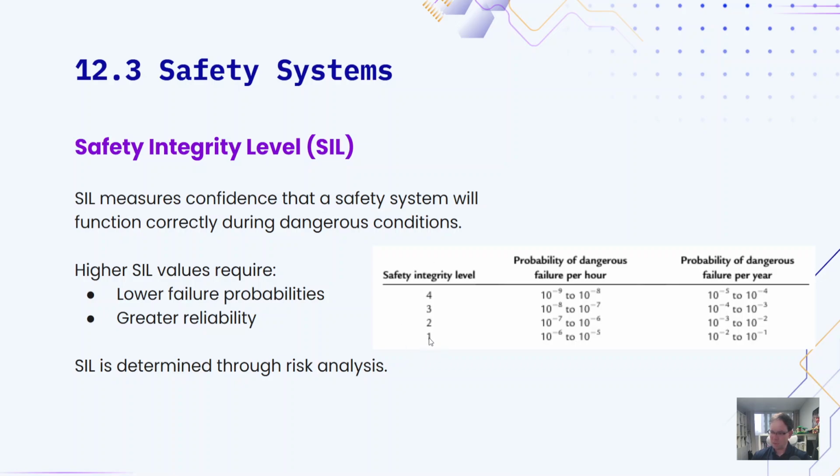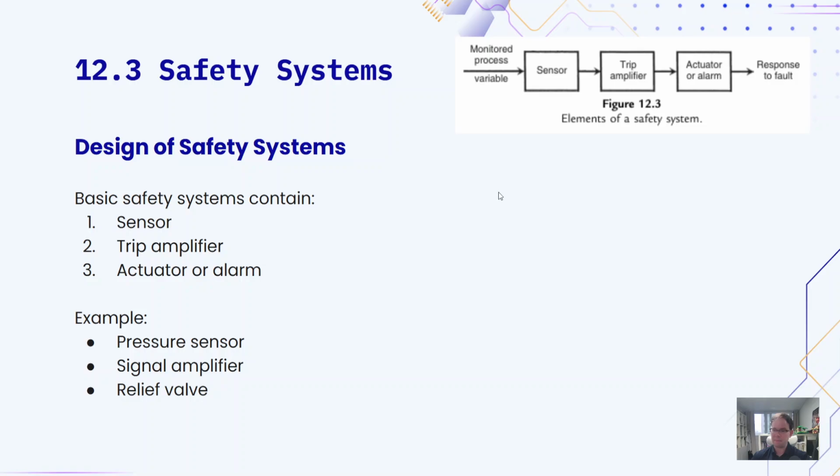So in SIL level 1, the probability of dangerous failure per hour is still pretty low, 10 to the minus 6th. But the probability of dangerous failure per year is 10 to the minus 1, which is pretty high, actually. SIL level 4 is 10 to the minus 9th, down to 10 to the minus 5th. Not bad.